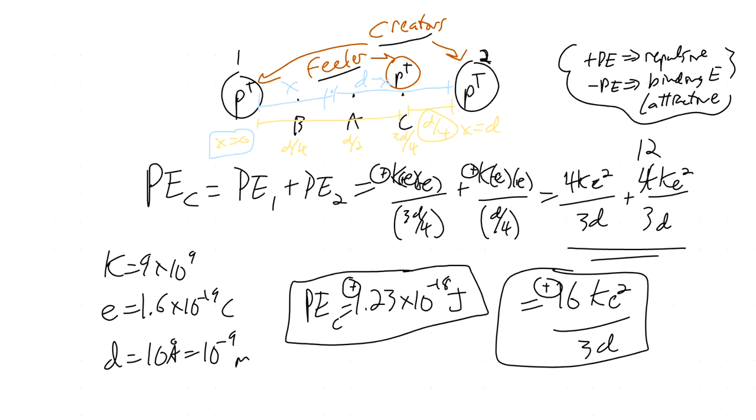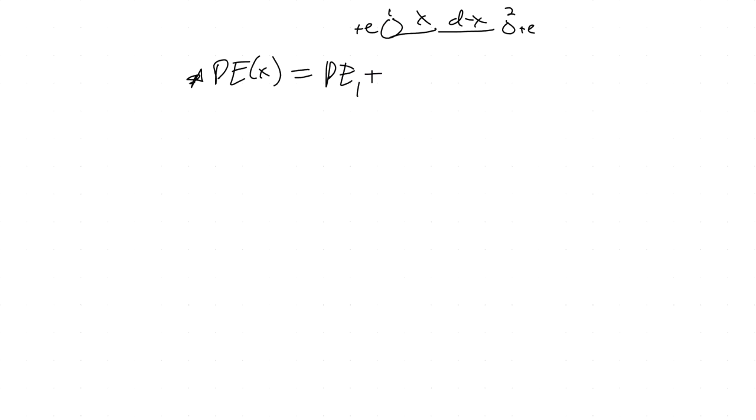Let's do step 2. Let's derive a general formula for the potential energy at x at any given point. Now, if you remember, there was the charge 1, charge 2. At any given point, this was x, and this is d minus x. And these are both protons, so they're both positive E creators. So we have potential energy from charge 1 plus potential energy from charge 2.